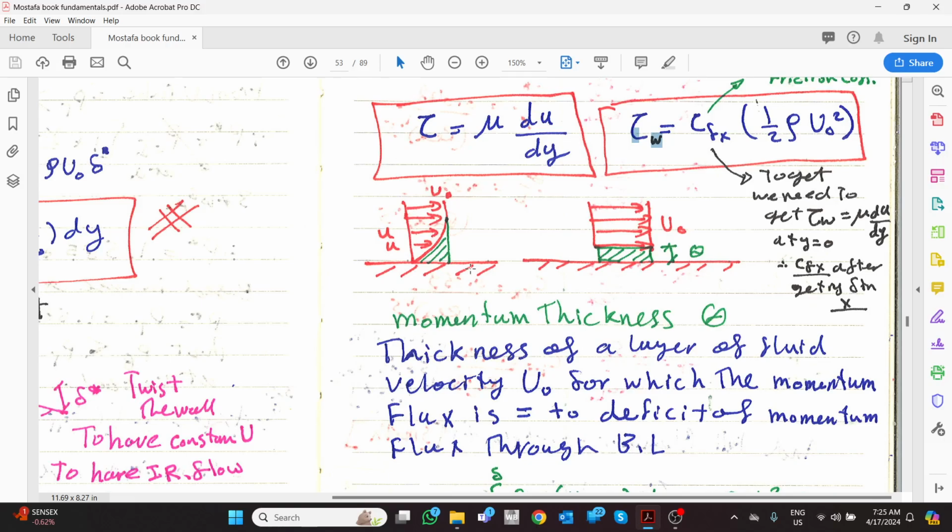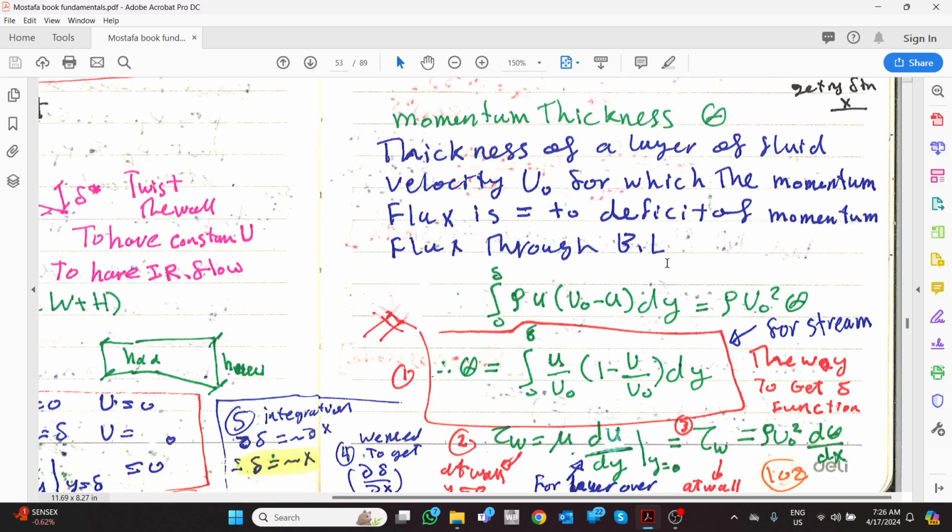Imagine this part, if you distribute it like this, so this area equals this area, you will get theta, which is the momentum thickness. So if you get the entire change multiplied by here, assume this one is a triangle, it is equal to a rectangle like this.